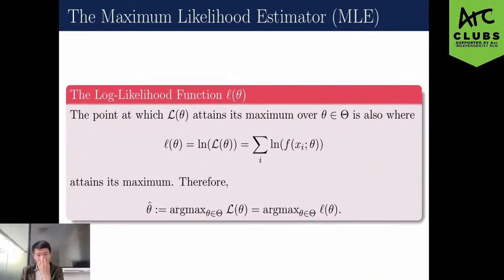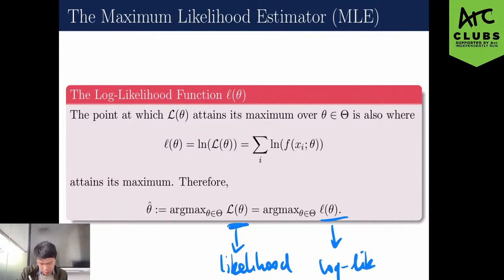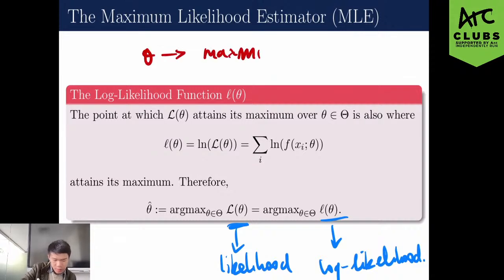And because we talked about log likelihood functions, the argmax of capital L, which is the actual likelihood, is equal to the argmax of the log likelihood. In other words, if a certain point theta maximizes lowercase l, then that actually implies it maximizes capital L, right?